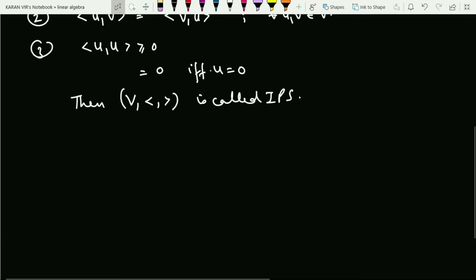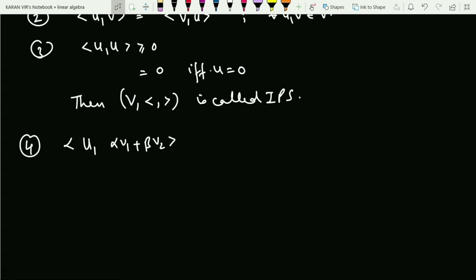Sometimes one more property is also mentioned in the books, and that property is the inner product of u comma alpha v1 plus beta v2, which is generally given as alpha conjugate times the inner product of u comma v1 plus beta conjugate times the inner product of u comma v2.